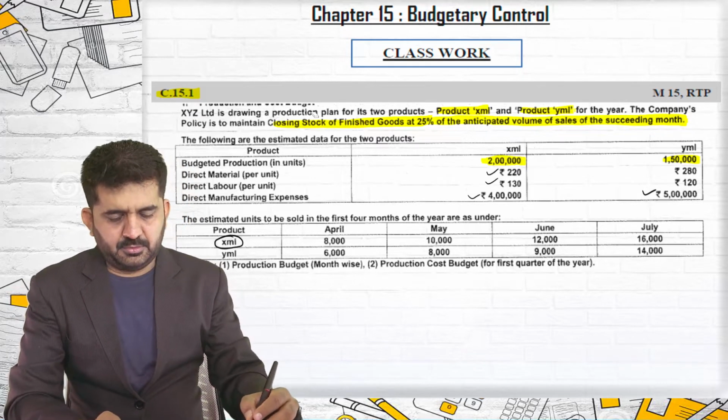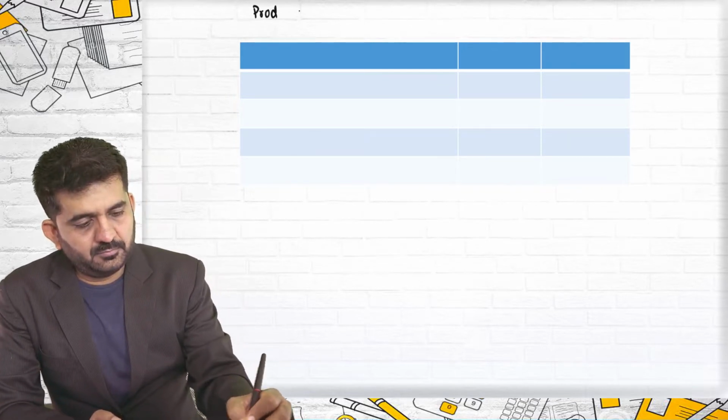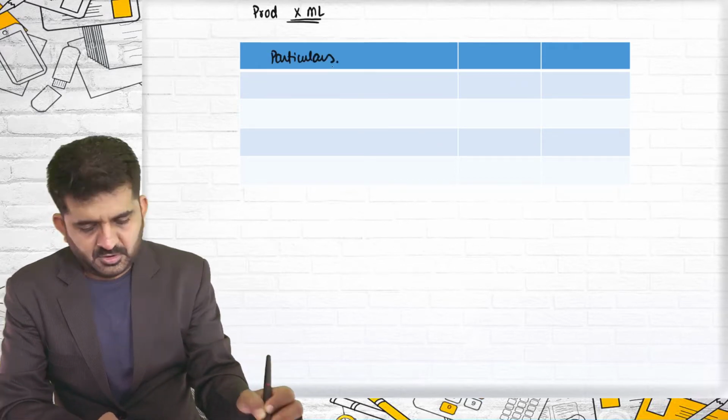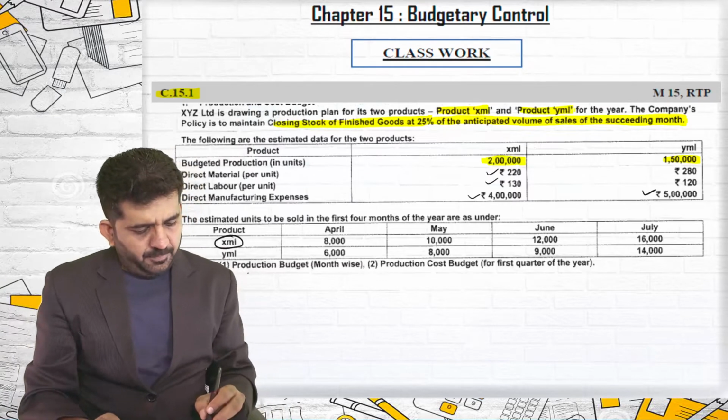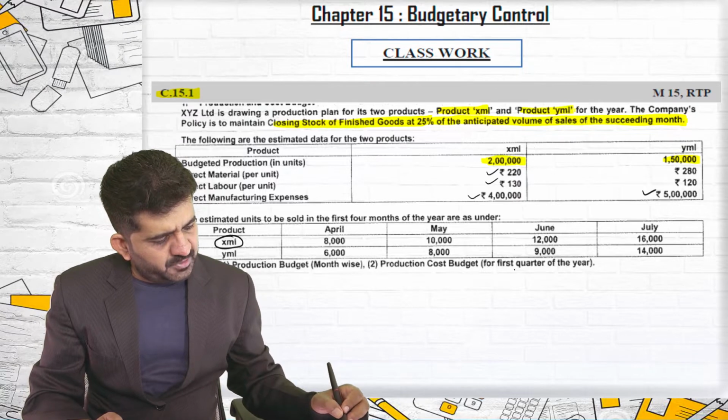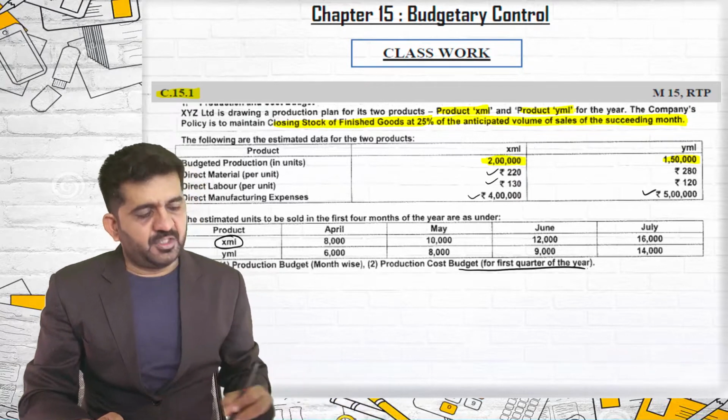It is product XML, particulars. I want to find out the answer for production budget month-wise, production cost budget for the first quarter of the year.